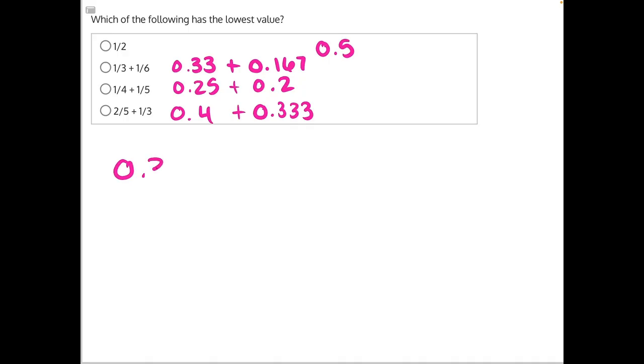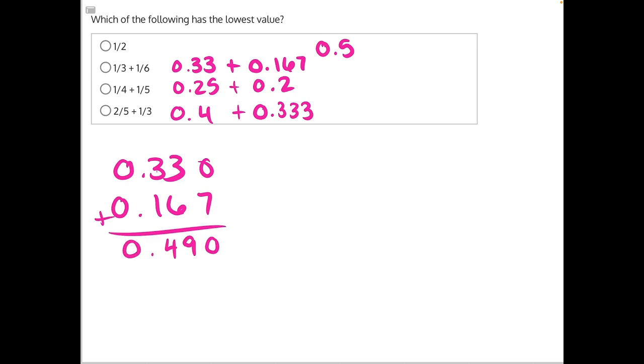We have 0.33, 0.167. 3 plus 7 is 10, so 0, 3 plus 6 is 9, 3 plus 1 is 4. So this one would give us 0.49.